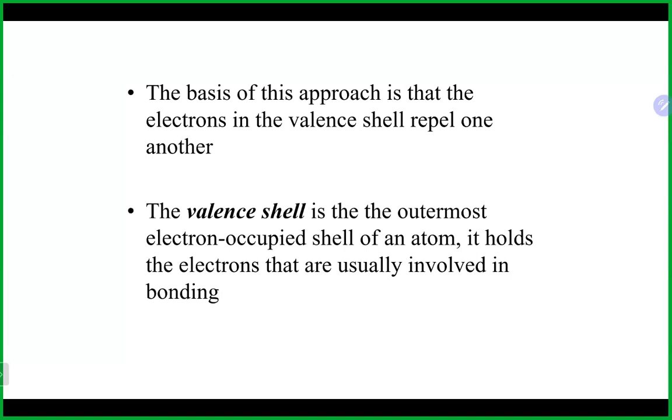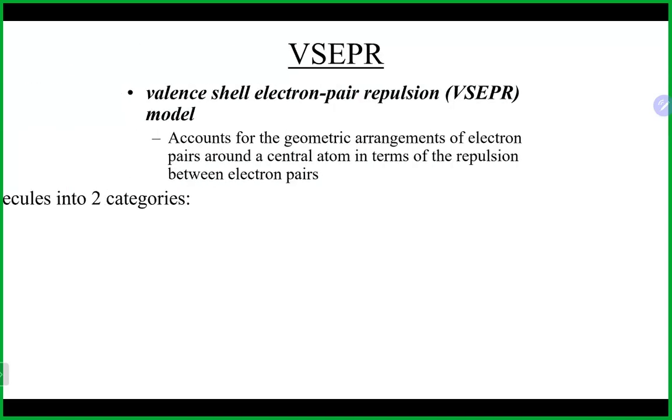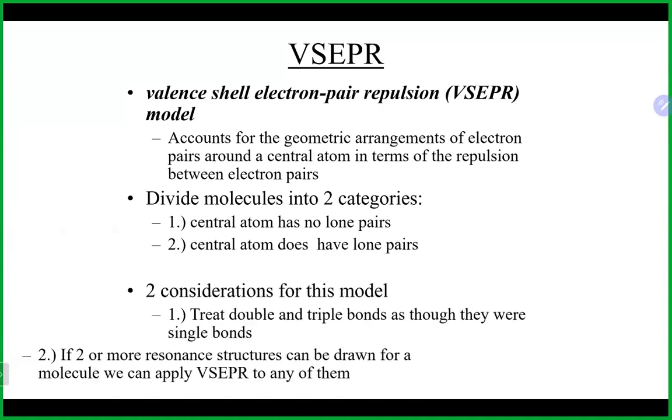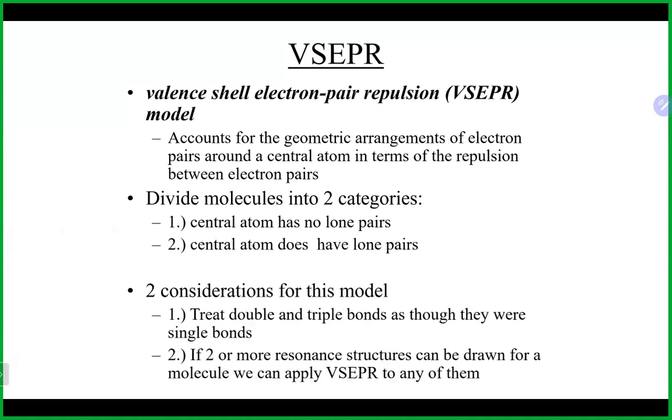So as they move around to find a comfortable arrangement in terms of distance between the electrons, it actually ends up changing the shape of the molecule in some cases, and we get different geometries of how the atoms and the overall molecule end up in 3-dimensional space. This is what is known as VSEPR, which stands for valence shell electron pair repulsion model. That is a mouthful, hence the abbreviation, I'm imagining.